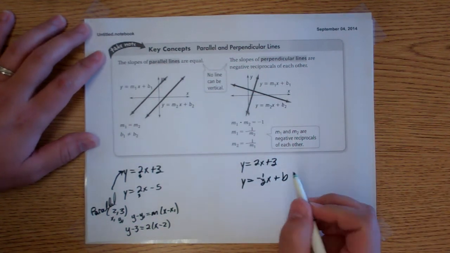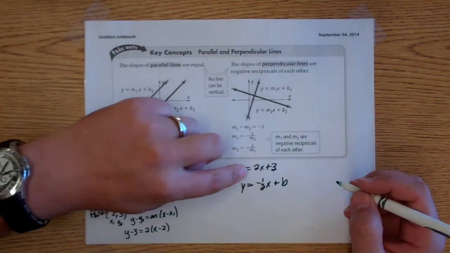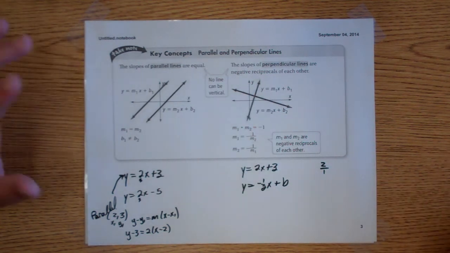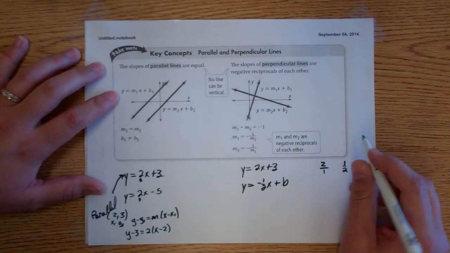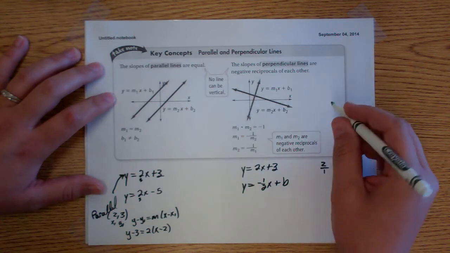So negative reciprocal. If you remember, to take the reciprocal you take your fraction, because 2 can be written over 1, since all whole numbers can be written over 1. Your reciprocal would be 1/2, and then the negative reciprocal, or I like to say opposite reciprocal.